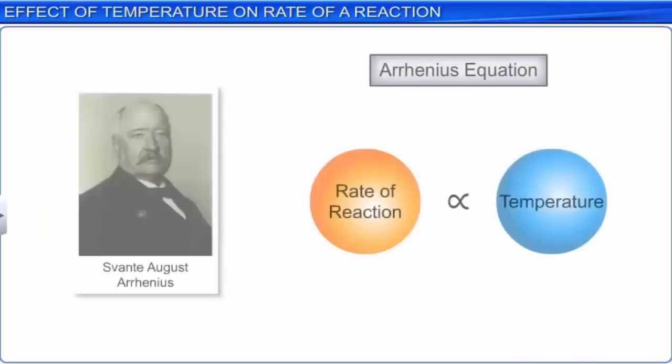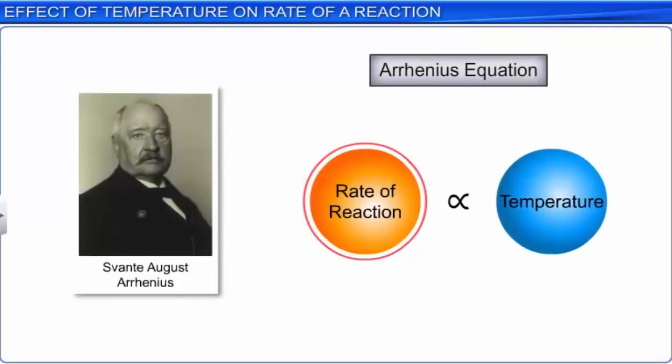The dependence of the rate of a chemical reaction on temperature can be explained using the Arrhenius equation.